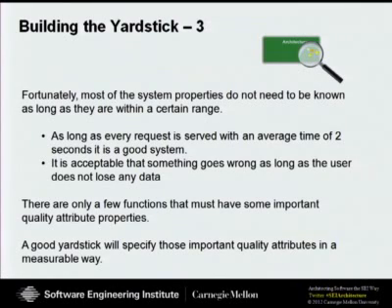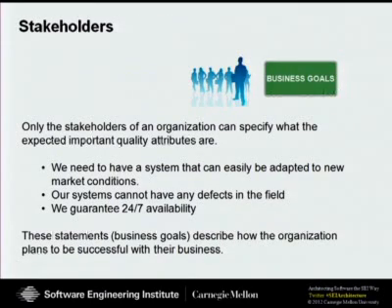But we also know there are a few functions in the system that come with important quality attribute properties. Those are the ones that we need to understand and focus our attention on. And a good yardstick will do exactly that. Will help us to have a way to measure those important quality attribute properties of the system.